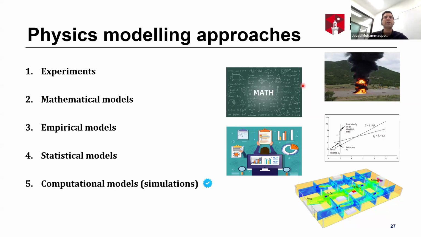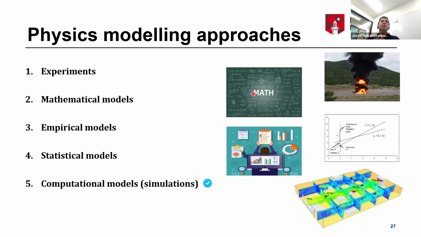The second one is the mathematical model. As you can see here, we have heaps of formulas. In the previous lectures in this unit, maybe you became familiar with the different formulas.